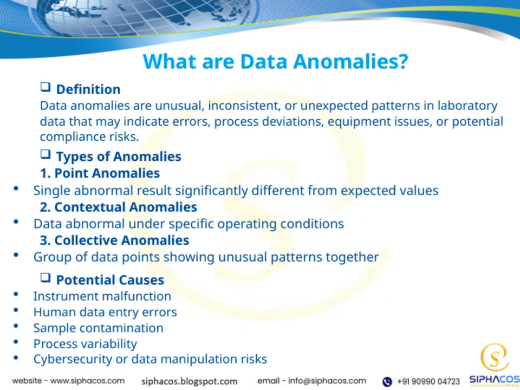Process variability, or inconsistencies in how procedures are carried out, can also lead to irregularities. And finally, cybersecurity issues or data manipulation risks can't be overlooked. They can compromise data integrity entirely. Understanding these anomalies and their causes helps us maintain high data quality, ensure compliance, and make more informed decisions in our laboratory processes.